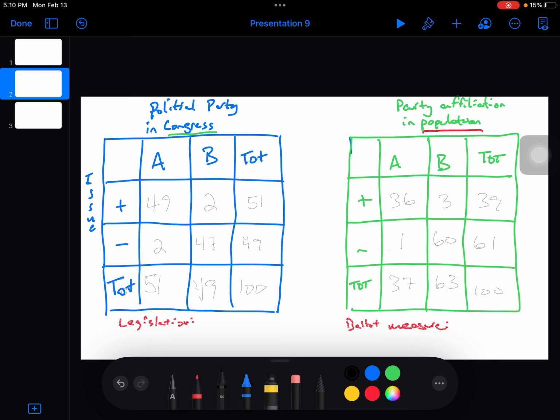On the left, imagine this is the Congress, and on the right, it's in the general population. And the views in Congress may or may not reflect the views in the general population, depending on the issue. On some issues, hot button issues, or like some people are one-issue voters, maybe on those issues, the views of the political party may be in lockstep with the views of individuals who identify with that party.